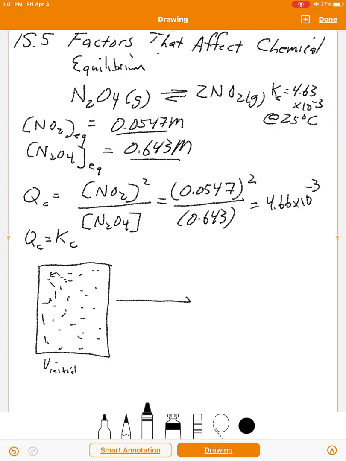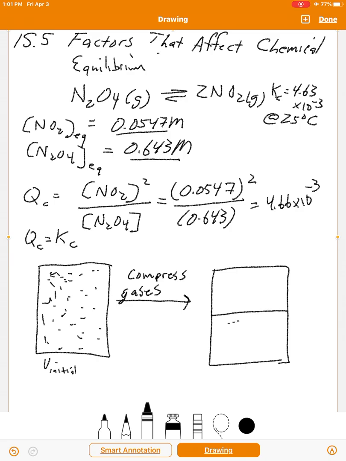Now we're going to compress this gas mixture. To make the arithmetic relatively simple, I'm going to compress it by a half. So now all those molecules that were initially in the original container are now occupying a smaller container, smaller by a factor of 2. Let's write here that V final is equal to 1/2 the initial.